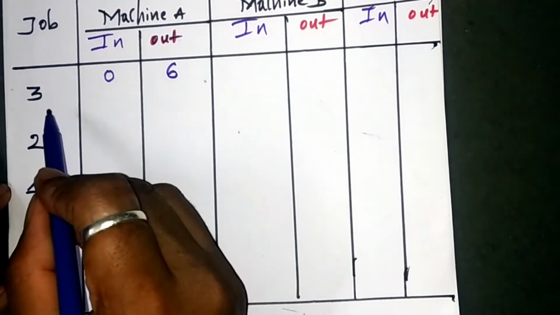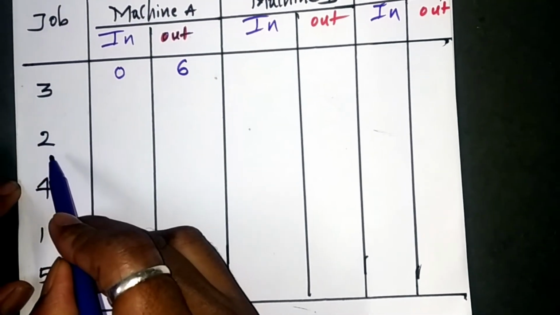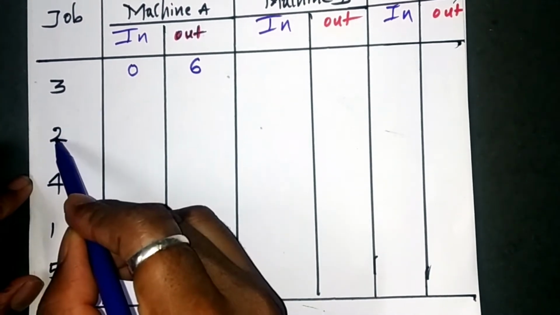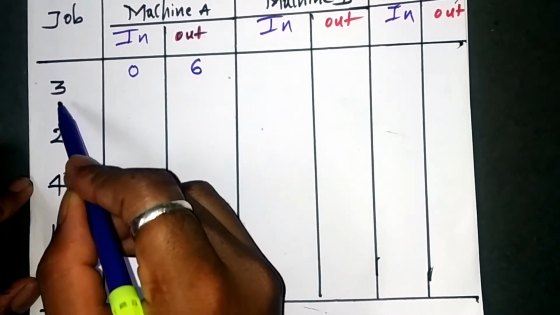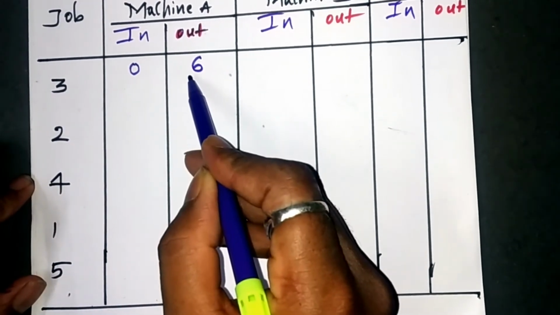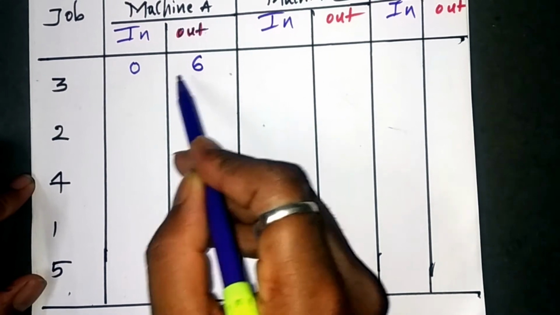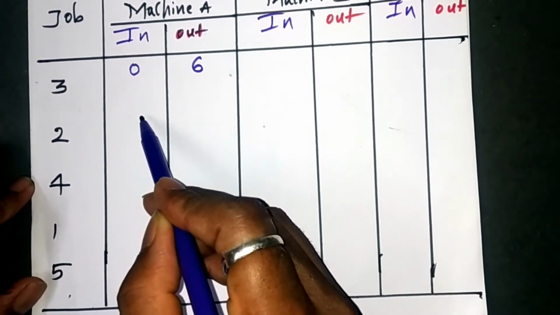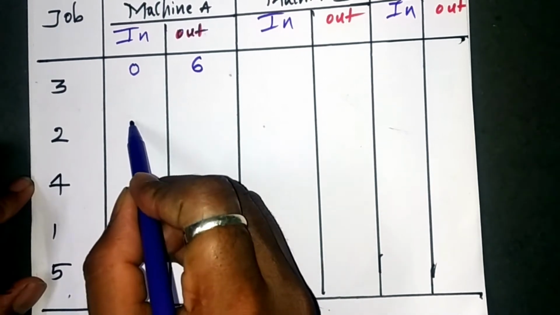After completing the third job, the second job is going to enter machine A. Job number 3 finishes at 6, so after 6 hours only, job 2 enters machine A. My in time for job number 2 is 6.